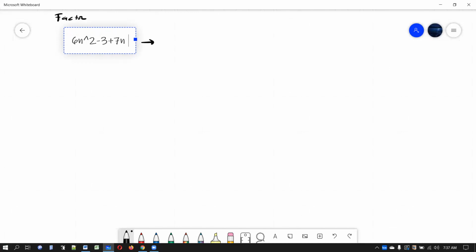Let me just write this: 6n squared minus 3 plus 7n. And as before, the very first thing that we want to do, as you know by now, is put it in correct order. The correct order is the square term first, the term with the power 1 next, and the number last.